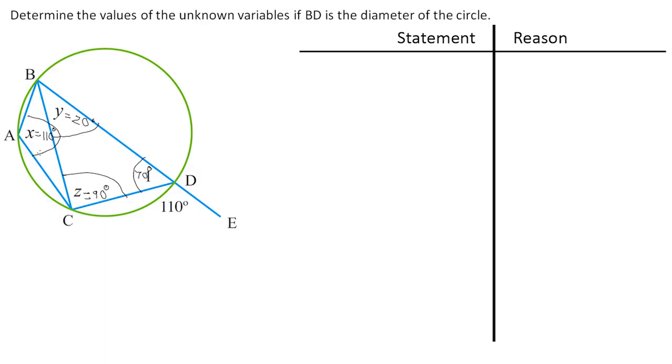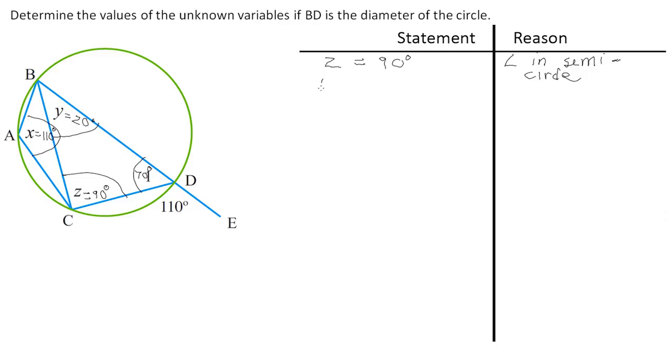The first thing that we solved was z, so we can straight away say z is equal to 90 degrees. Remember, I like the saying, angle in semicircle. After z, we have found y. But how did we find y? We first calculated d1.